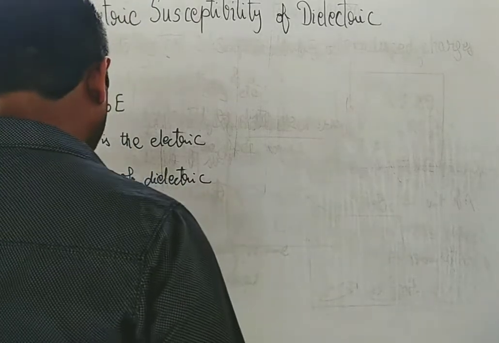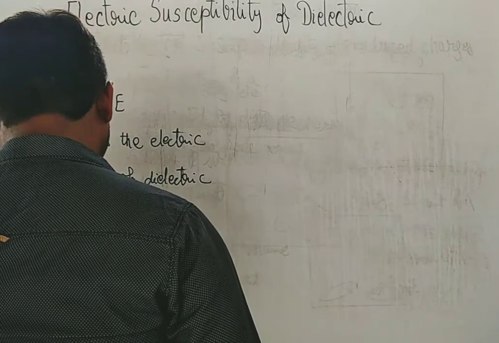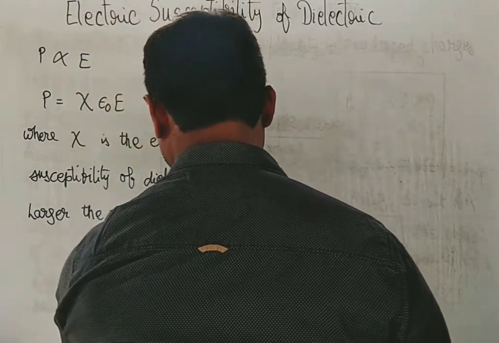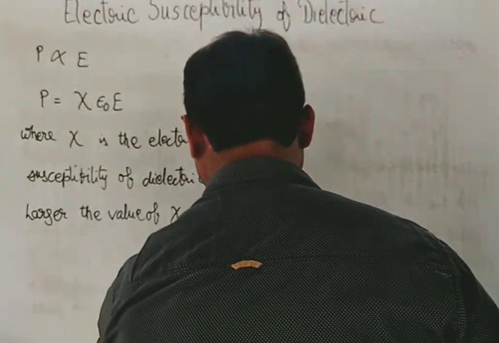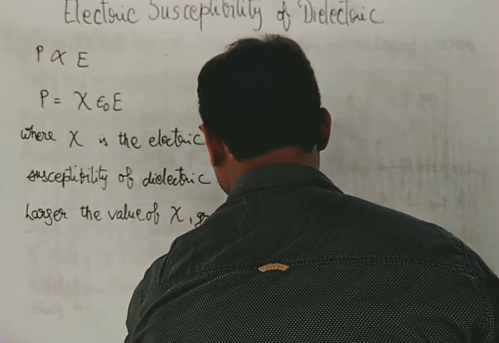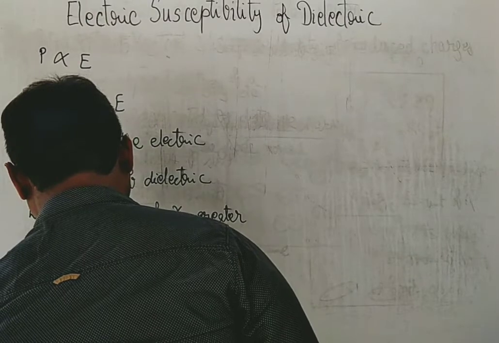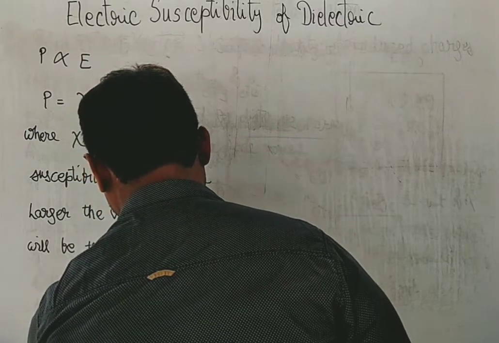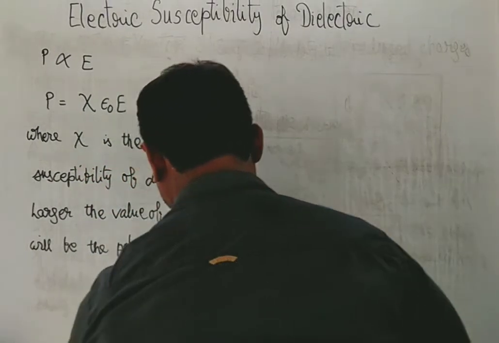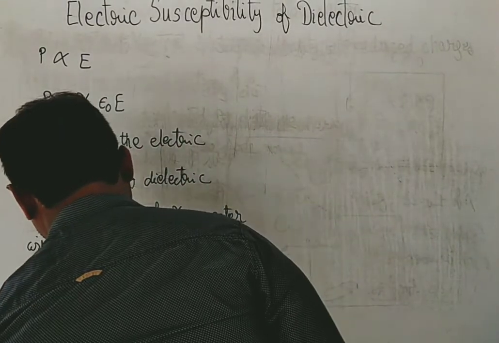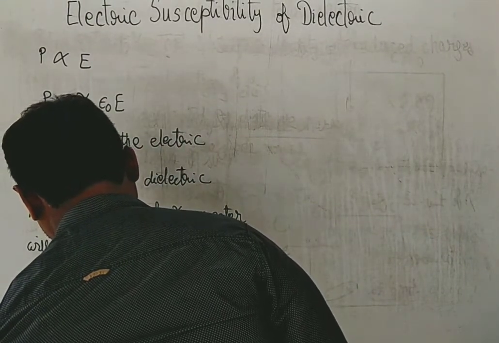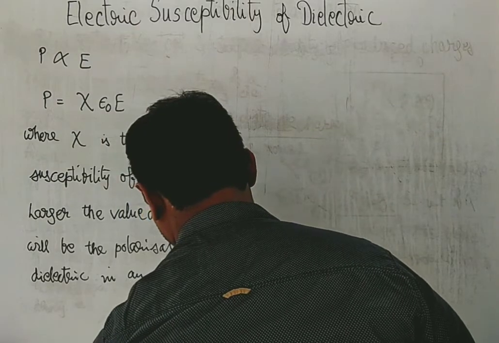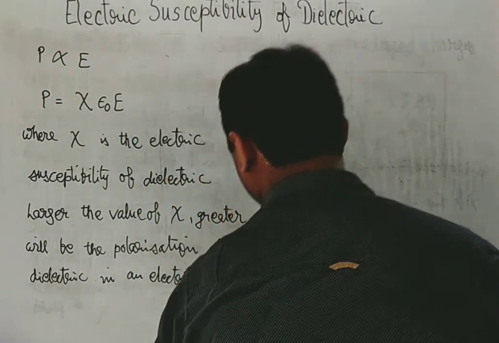The larger the value of this electric susceptibility chi, the greater will be the polarization of the dielectric in an electric field.